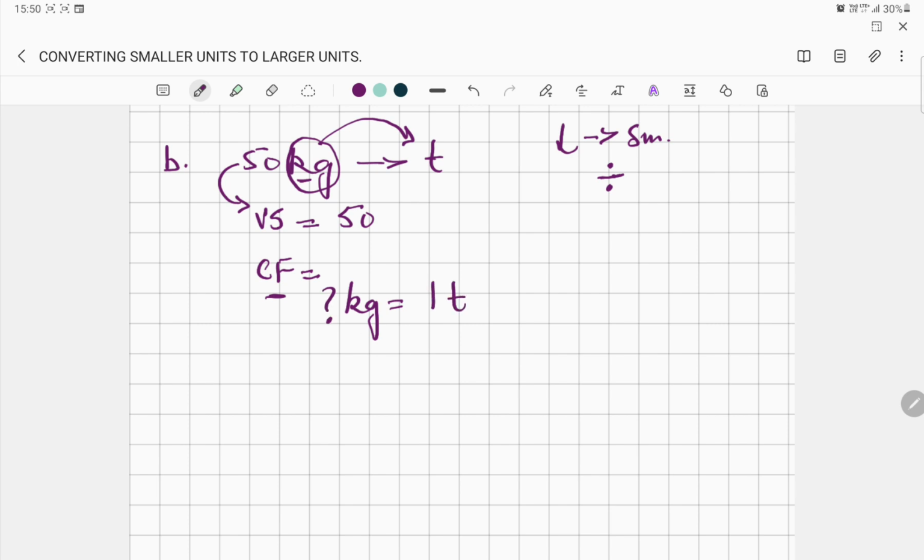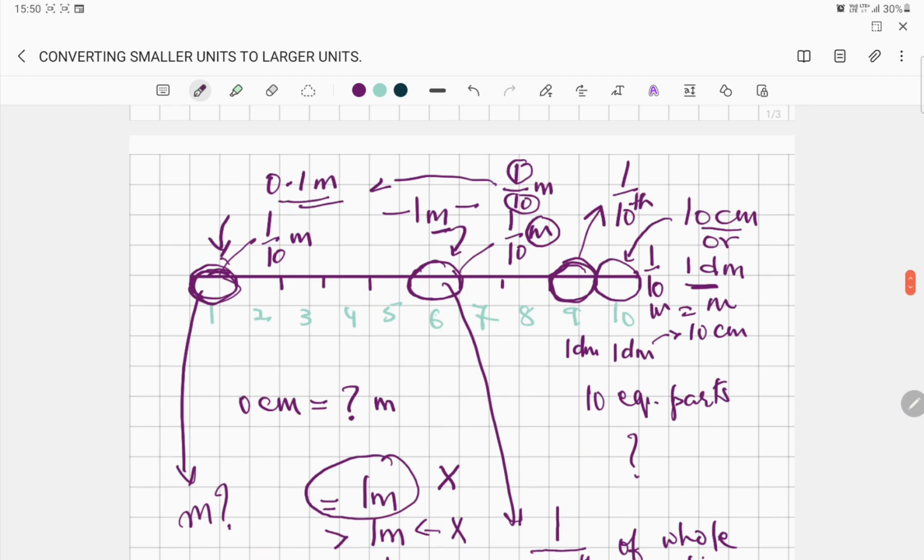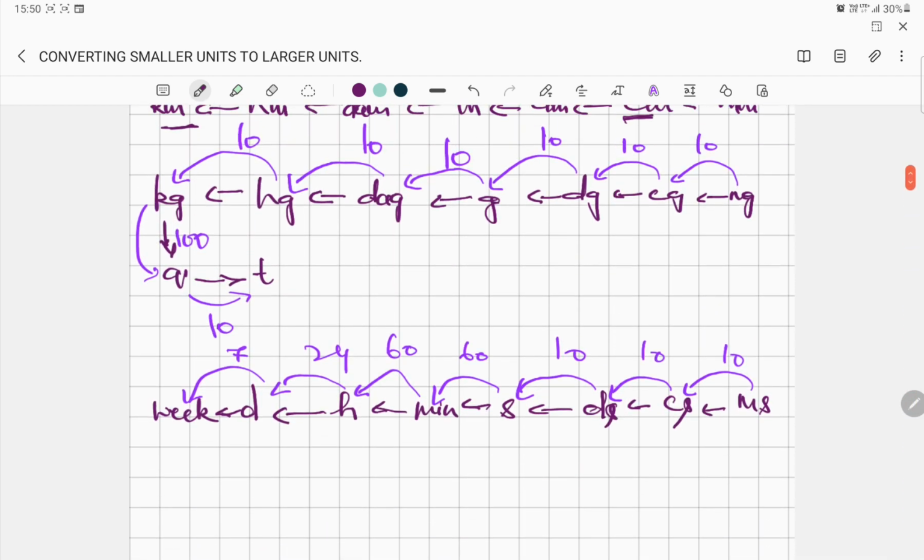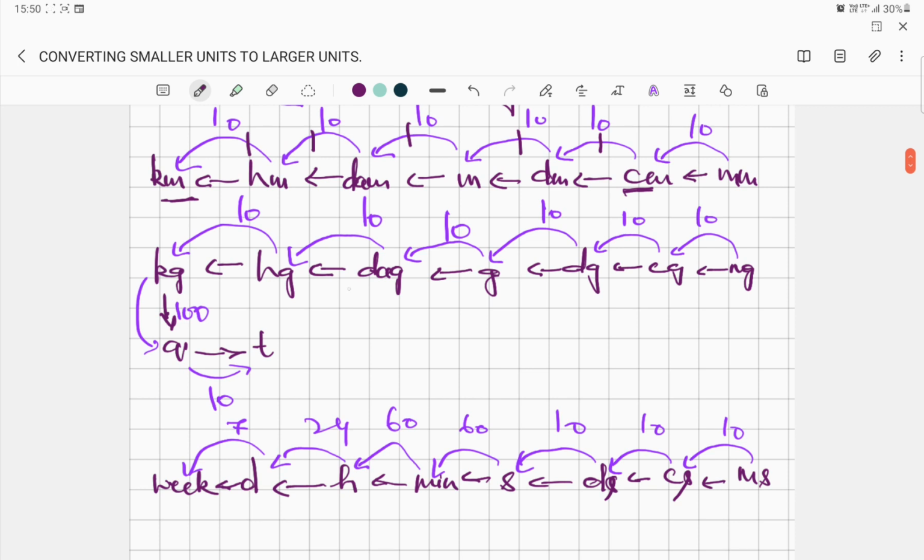Where do we get the conversion factor from? We've already done the conversion flowcharts, so let's go up to the conversion flowchart for mass. Here we have kilograms found in 1 ton. There are two conversion factors: conversion factor number 1 and conversion factor number 2. First we convert from kilograms to quintals, and then we convert those values into tons.